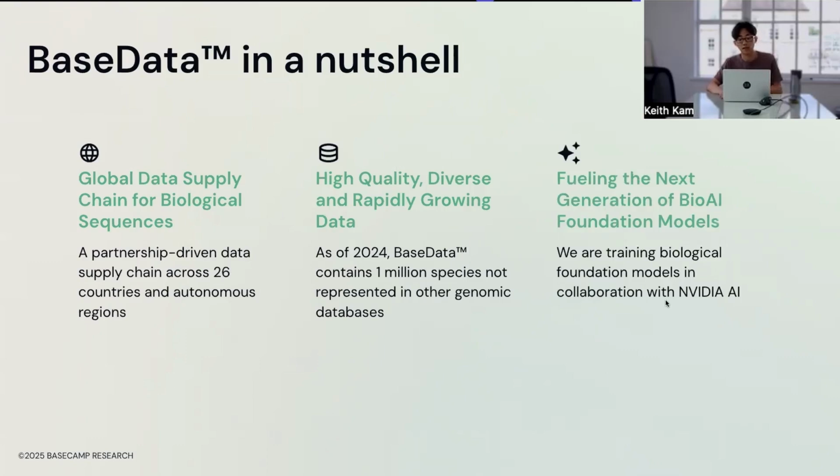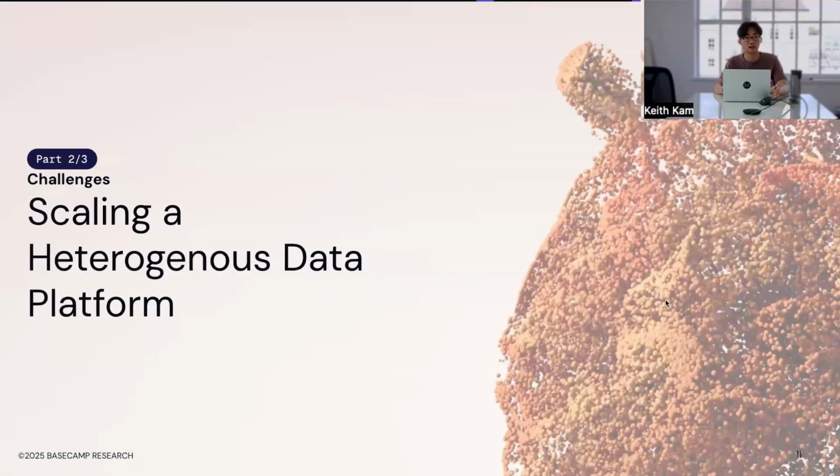Using this data, our aim is to teach AI to design biology. And once we've achieved that, the goal is to realize the potential of biotechnology overall, whether that's curing diseases, developing more sustainable industrial processes, or making crops that are more resilient and hardy as we need them to be.